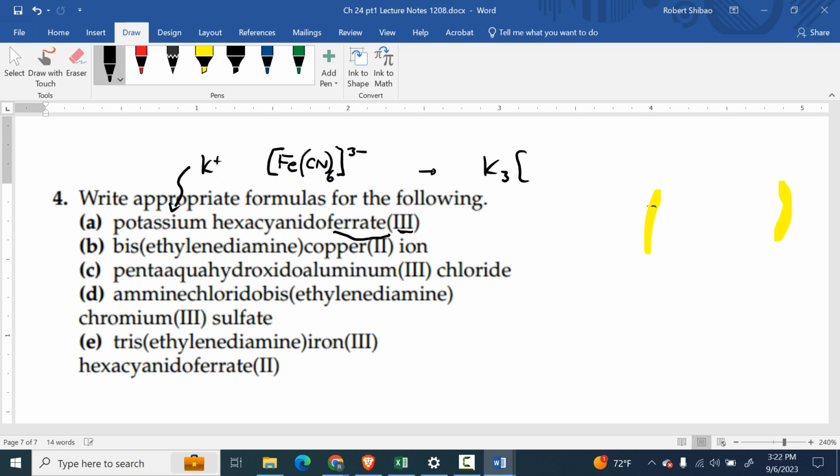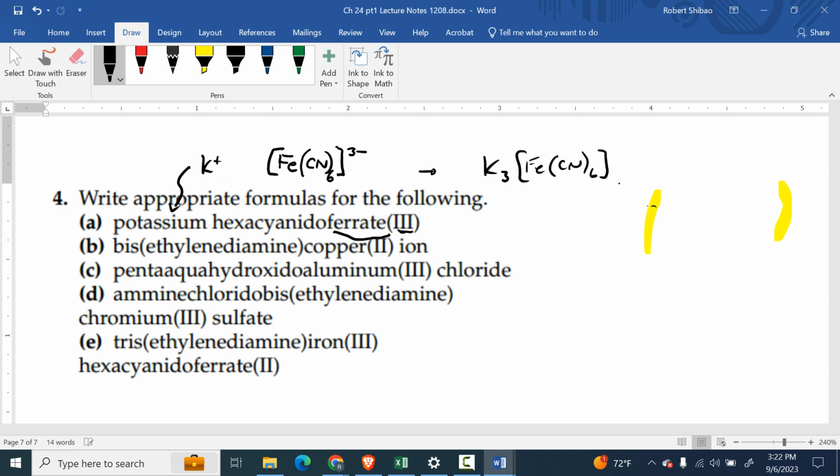So we'll need 3 potassiums for every hexacyanidoferrate 3. It's ferrate because the complex is negative. But the compound is neutral here. So that would be it. Normally these are solids. This would be water soluble here.